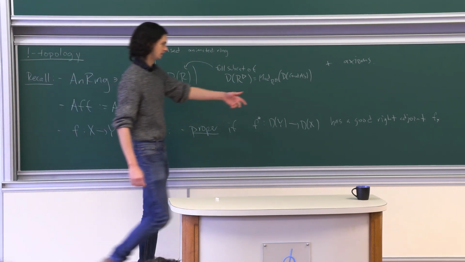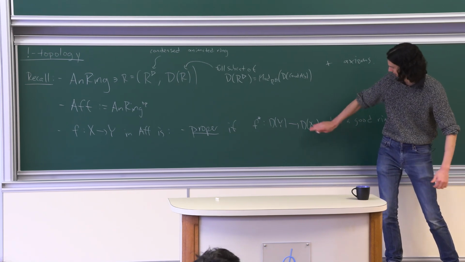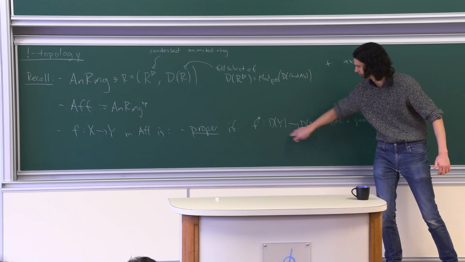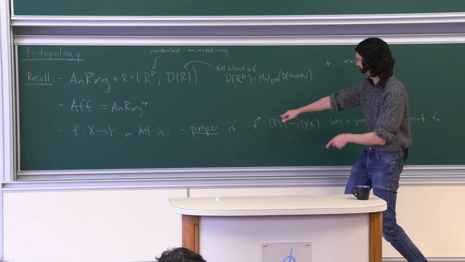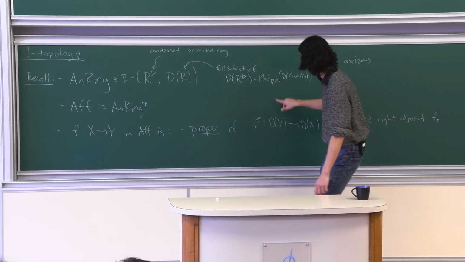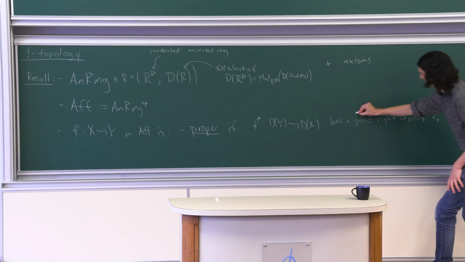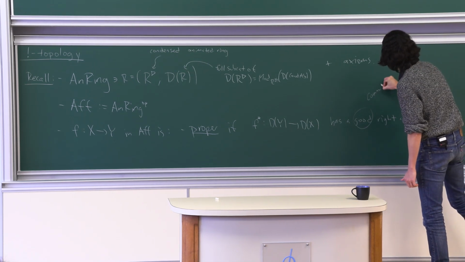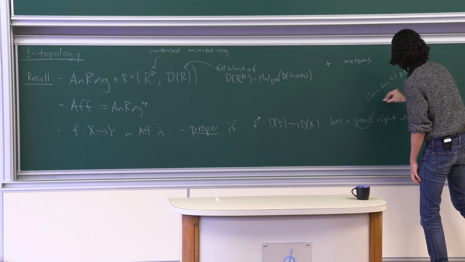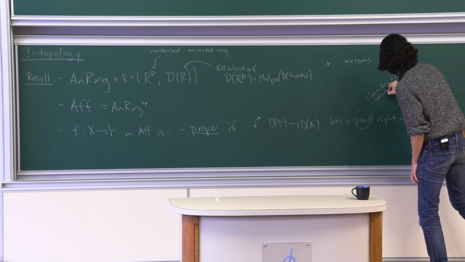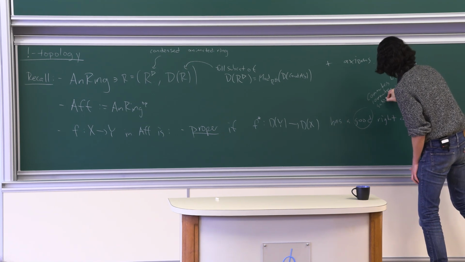But it also means that it commutes with colimits, and it also means that it commutes with the D of y action by tensor product on each of these. Right, good means commutes with pullback, commutes with colimits, and satisfies the projection formula.